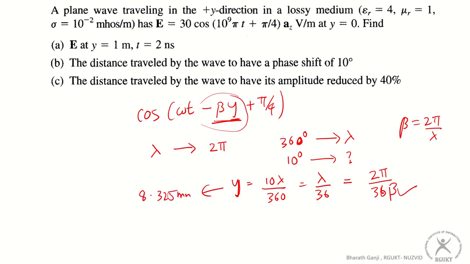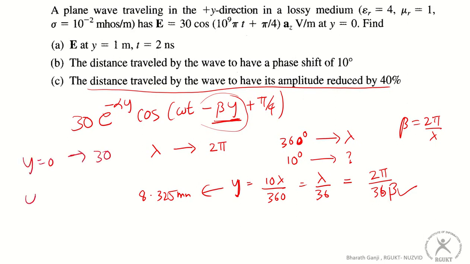And the last one asks how much distance the wave has to travel if the amplitude has to reduce by 40%. So initially, for example, the wave magnitude is like 30 times e power minus alpha times y. At y equal to 0, the magnitude is 30.